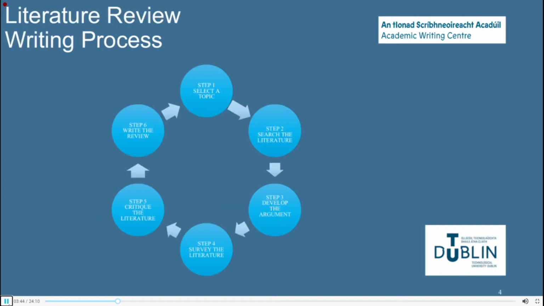In this slide, you can see a representation of the writing process for a literature review. As you can see, it's represented as a circulatory, iterative process. So this is not a linear process. It loops back and forth as you develop your understanding of the topic.